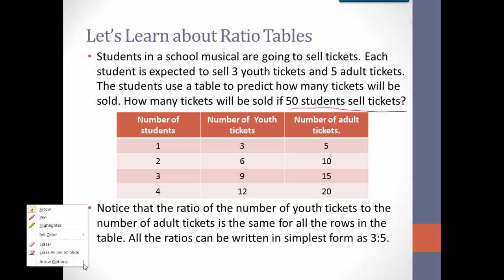All the ratios can be written in simplest form. If you notice, they are increasing, but they're still equivalent because if we wrote them in simplest form, they will all come back to 3 to 5. I multiplied 3 by 2 and got 6. Multiplied 5 by 2 and got 10.